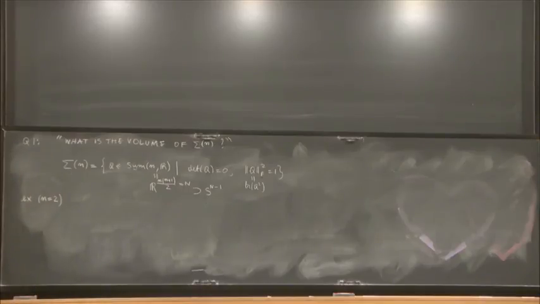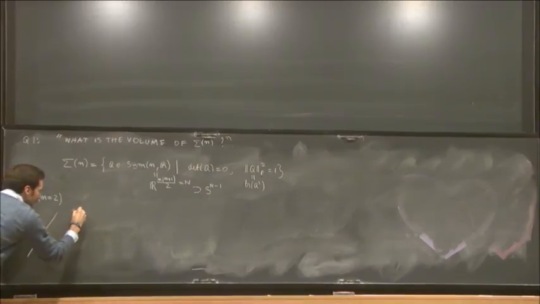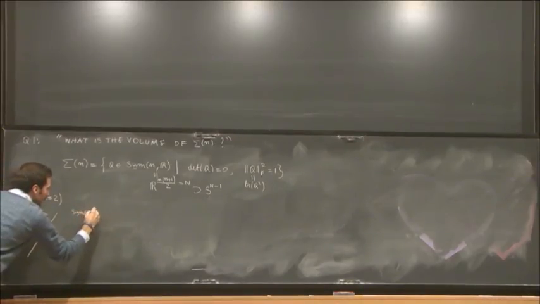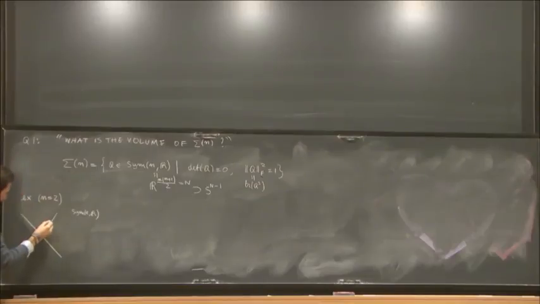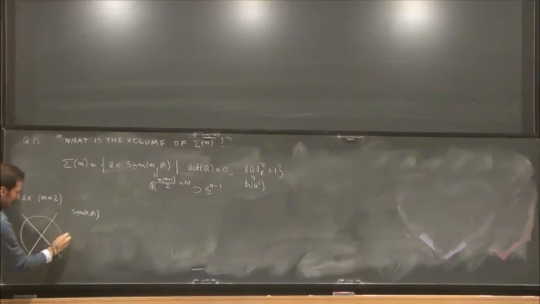Then the space of 2 by 2 symmetric real matrices is just isomorphic to R3. So this is going to be the cone of matrices with determinant 0. This is going to be the unit sphere inside this space, which in this case is just an S2.